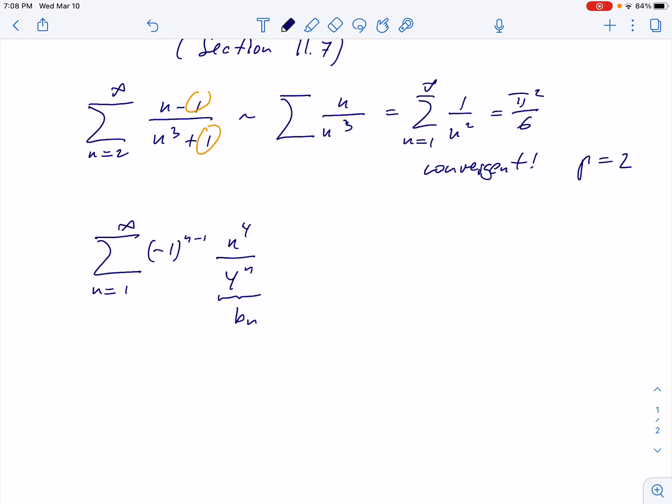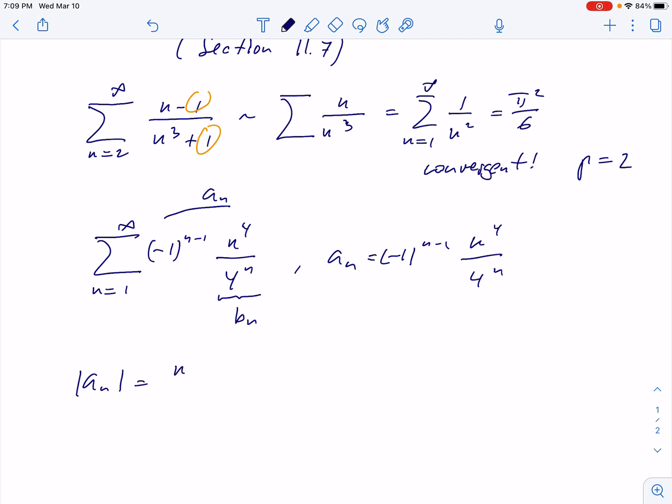So let's take the absolute value of a sub n. A sub n is this entire expression: negative 1 to the n minus 1, times n to the fourth power over 4 to the n. For the absolute value of a sub n, we have to remove the alternating factor.